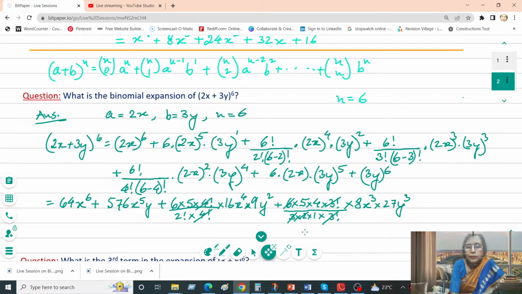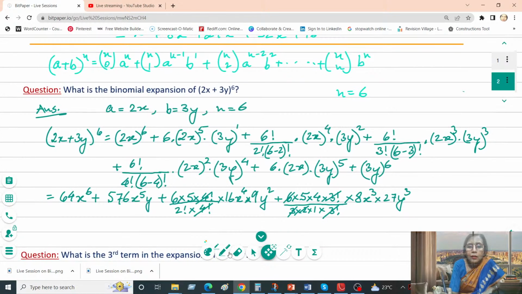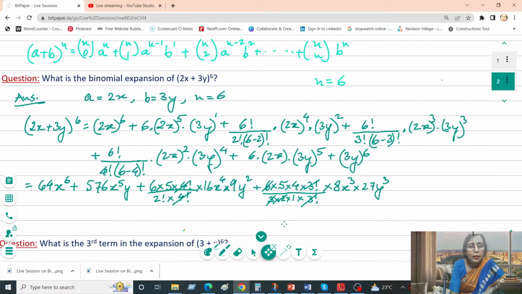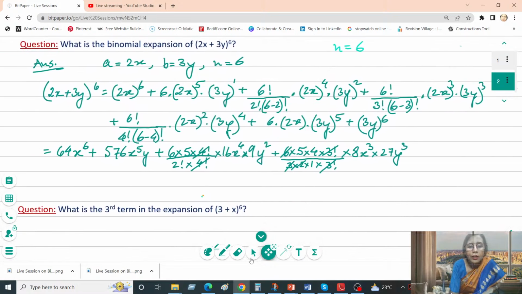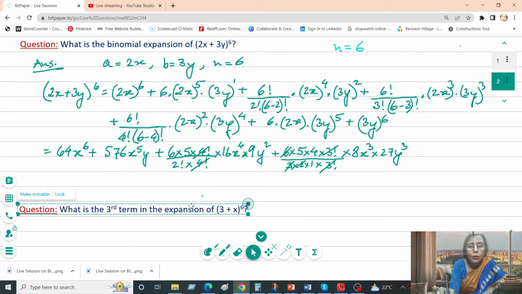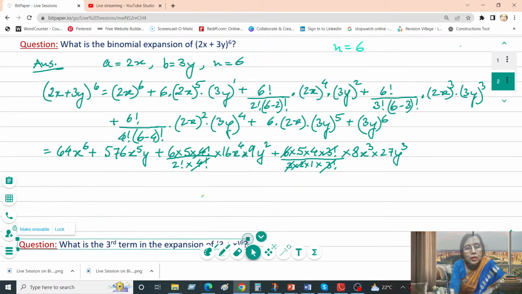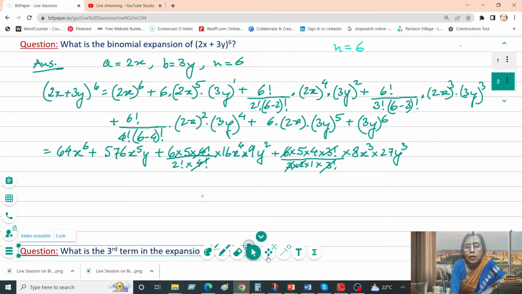So, let me just continue over here, because I'll not be having sufficient space, or I can do one more thing. I can just shift it down. Yeah, that is the better option, I think. And then we come to this line.